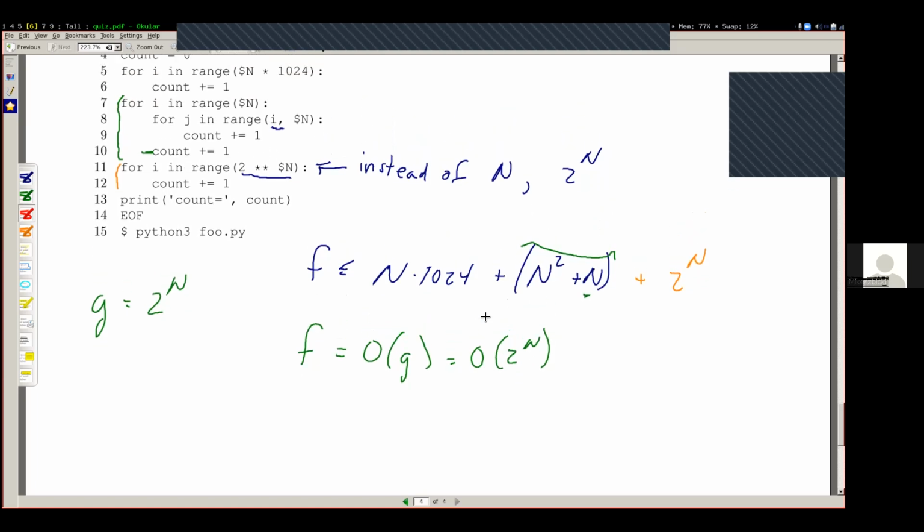The general rule of thumb is that when you have several terms inside of here, you should think about the term that is going to be the largest. So in this case, I knew that 2 to the n was going to be larger than these other things. And so that's what I selected, 2 to the n. We'll sometimes take trial and error to figure out just what the right g value is here.